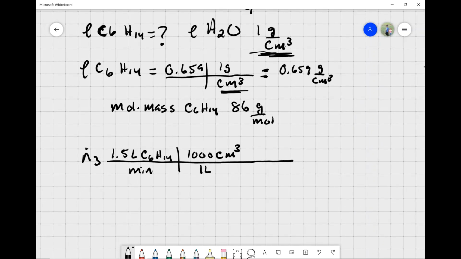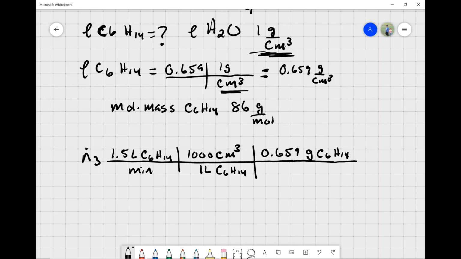The density, there are 0.659 grams, and we can label it C6H14, and we could say this is liters of C6H14, just for the bookkeeping. I should have squeezed it in here, but I didn't. But pay attention to units.